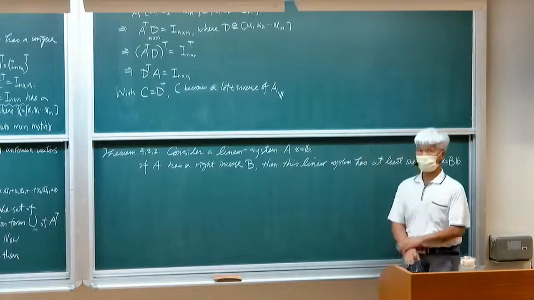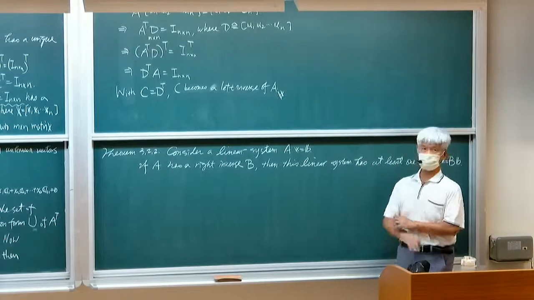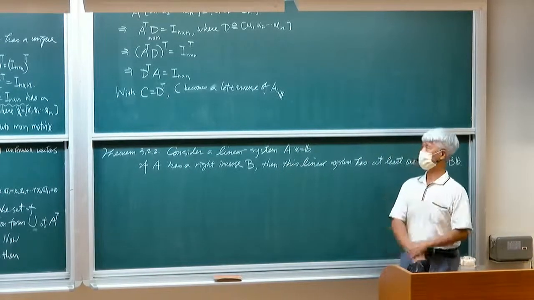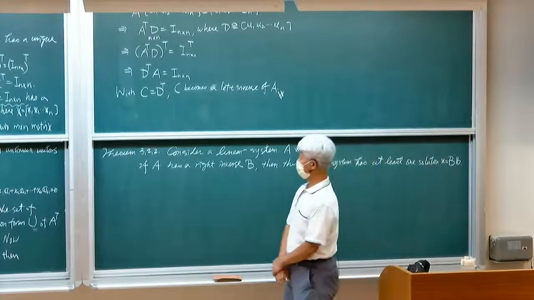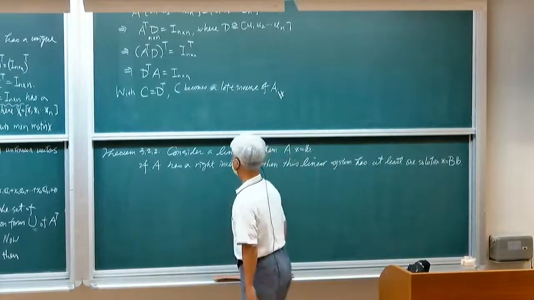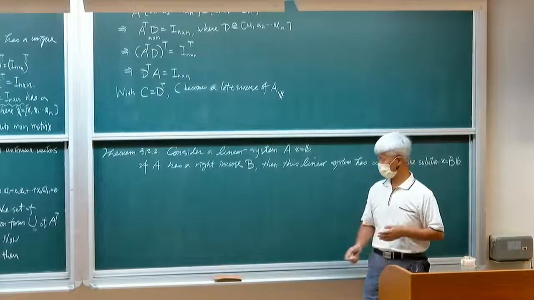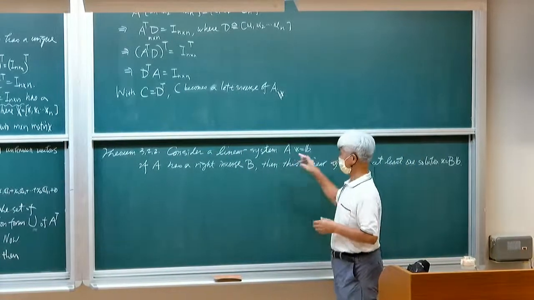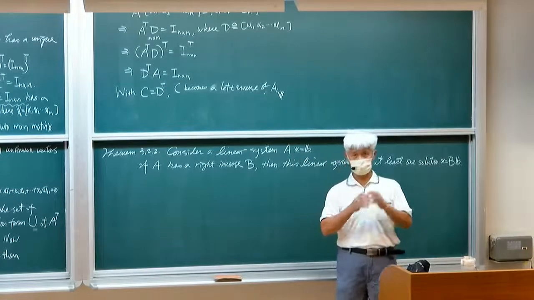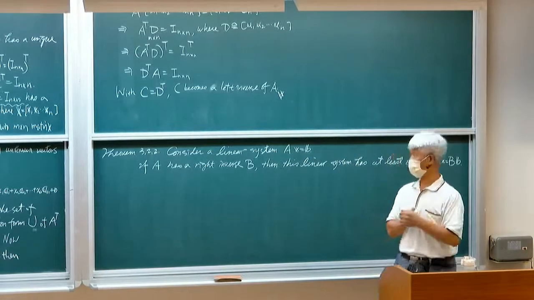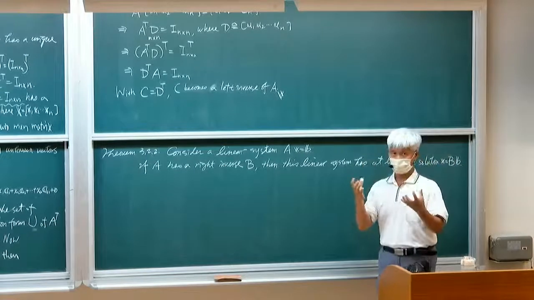You can compare the statement of this theorem with the statement in theorem 3.2.1. There, if we have a left inverse, then any linear system with the matrix A as the coefficient matrix has at most one solution.